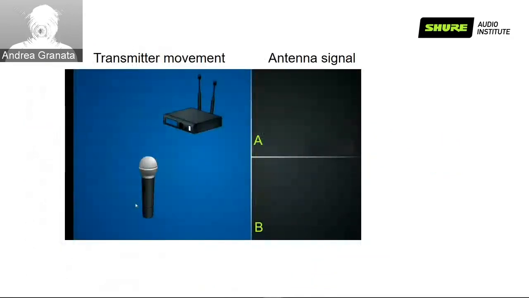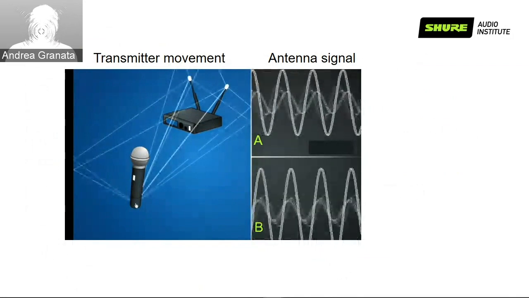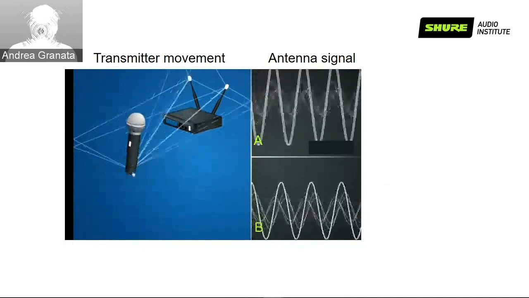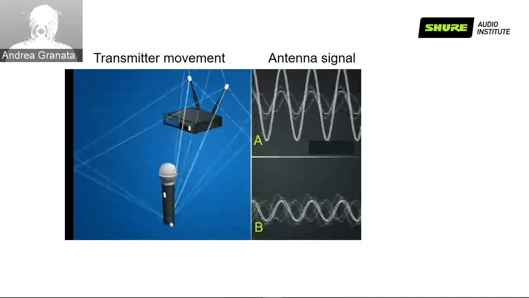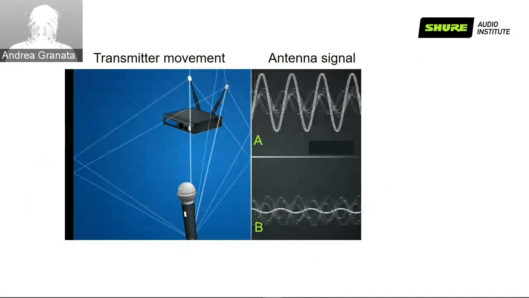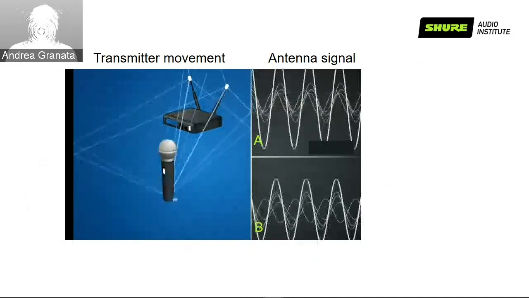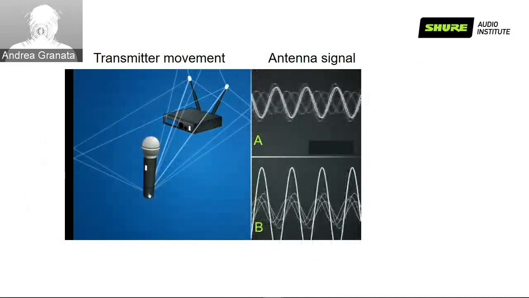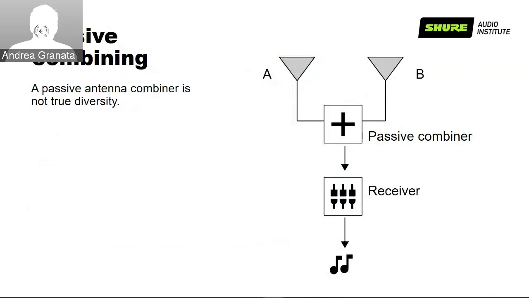You can see in the animation how changing the transmitter movement changes the quantity of signal that reaches the two antennas, and how eventually there is a cancellation related to this multipath interference. To be completely open with you, we also have some anti-echo filtering inside the most advanced receivers.